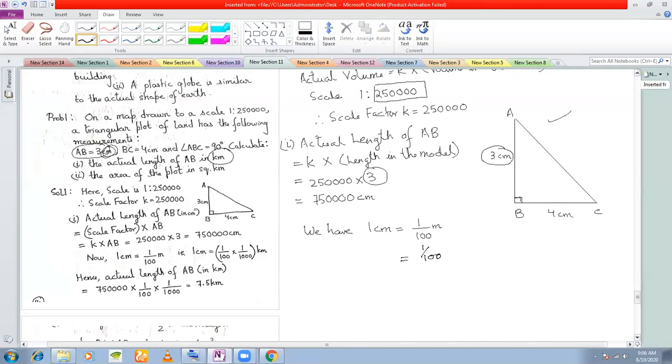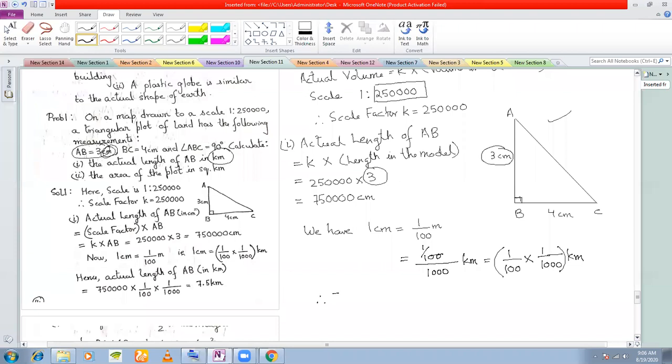Now you convert this meter to kilometer. 1 kilometer is 1000 meters. So since 1 centimeter is 1 by 100 meter, this is 1 by 100 into 1 by 1000 kilometers.